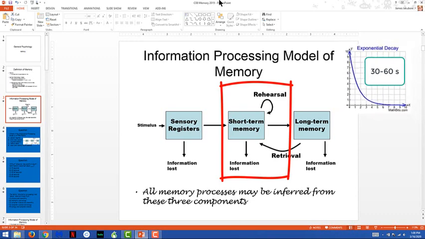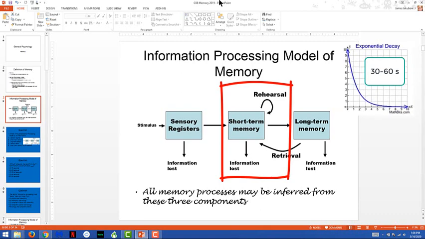So, for example, let's suppose I gave you a phone number. And this is a kind of a common example. If somebody gives you a phone number, that string of 7 digits largely just sounds like a string of 7 random numbers, but you need to get it written down.